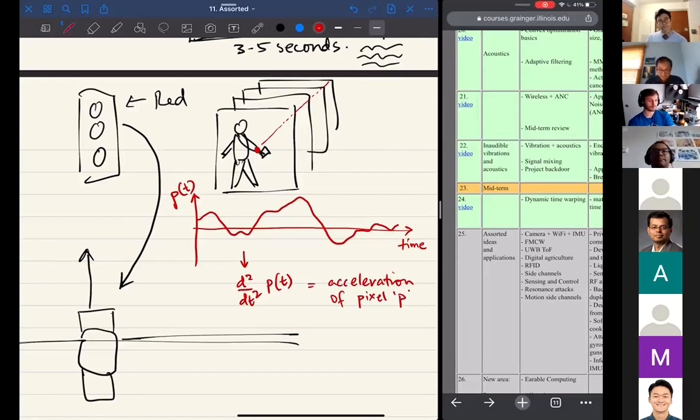This is also a signal. This is the acceleration signal, right?